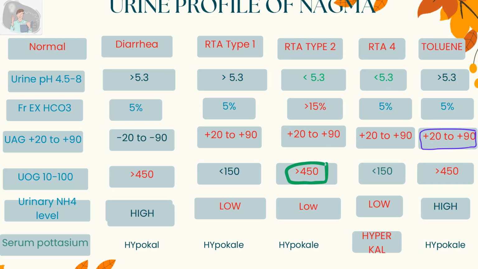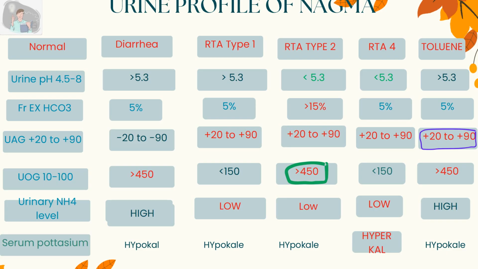Now if the PCT is defective, you have that particular molecule being wasted in the urine. So the fractional excreted bicarbonate is the percentage of bicarbonate that is being wasted in the urine because the PCT is not effectively reabsorbing it.